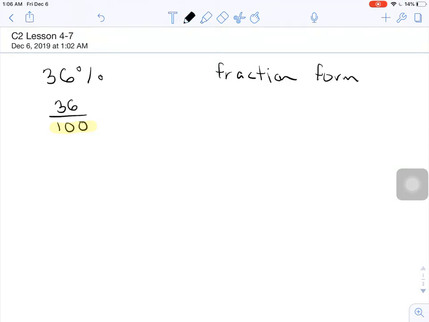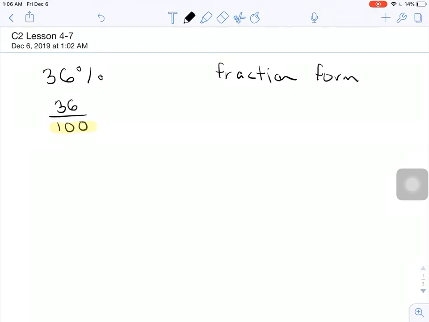Basically what that means is that it needs to be a number that is part of our decimal system. Place values in our decimal system are hundreds place, tens place, ones place, tenths place, hundredths place, thousandths place. So if we have hundredths, that is a place value in our decimal system. From there, we can convert to decimal form using the place value based on the fraction's denominator.